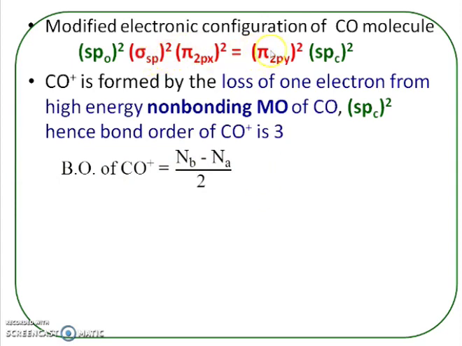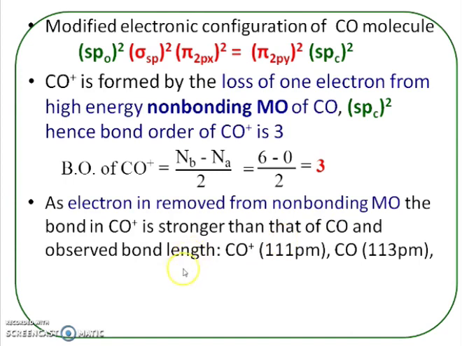Now here bonding electrons are 6, 2 plus 2 plus 2, and antibonding electrons are not there. Actually there is a loss of an electron from a non-bonding molecular orbital. So bonding as well as antibonding electrons are not disturbed, and therefore the bond order for CO plus is 3, and it is actually the observed bond order.